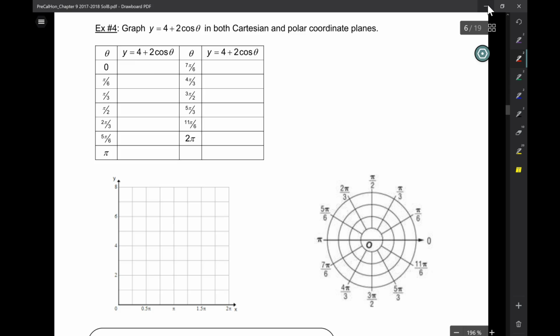At pi over 2, cosine is 0, so the whole thing is just 4. At pi, cosine is negative 1, so 4 minus 2 is 2. At 3 pi over 2, cosine is 0, giving us our 4. Okay? At 2 pi, it's 6, maximum.